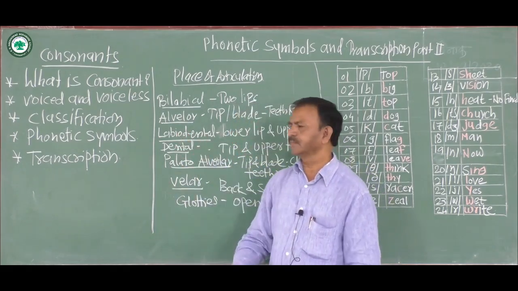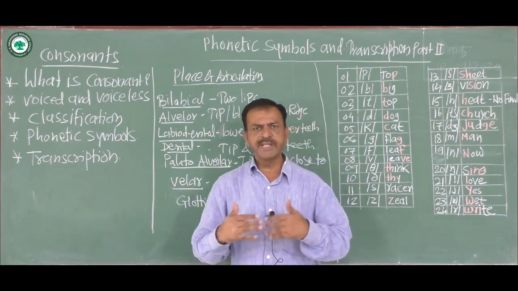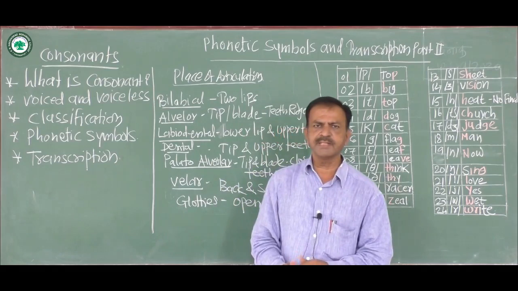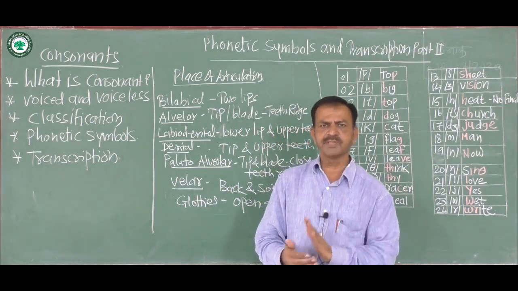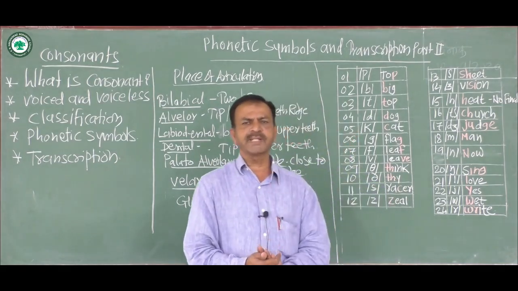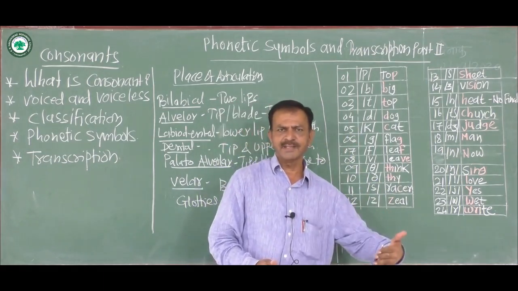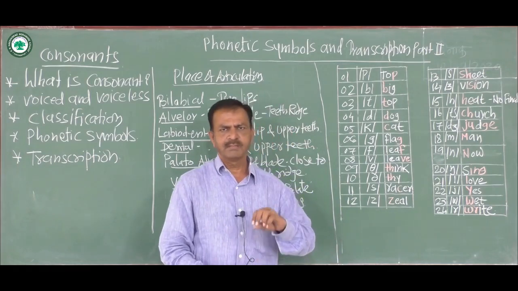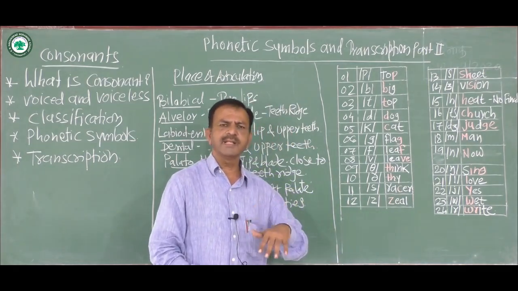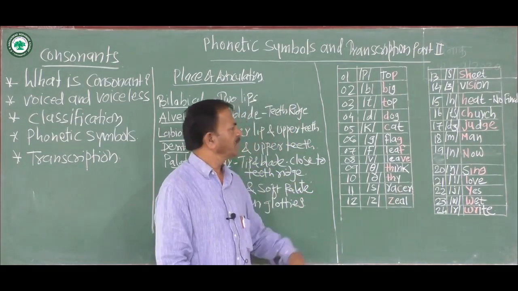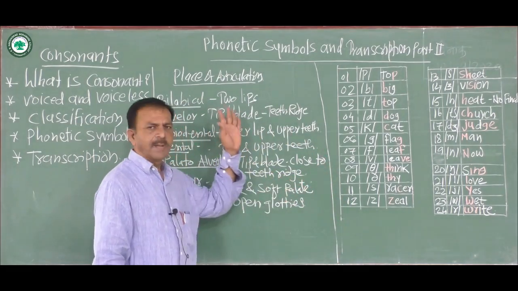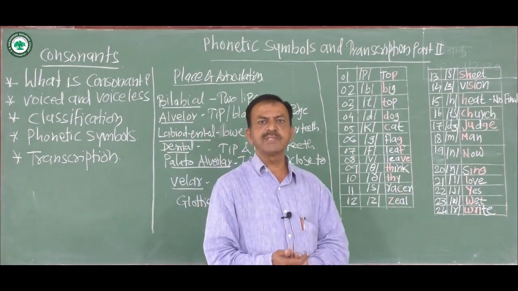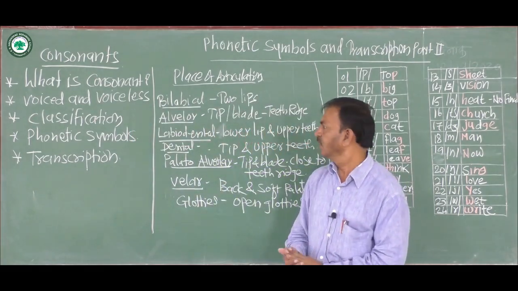The next is the phonetic symbols of consonant sounds, and the last is the transcription. We will practice transcription, and in this section we will study vowels, consonants as well as diphthongs.